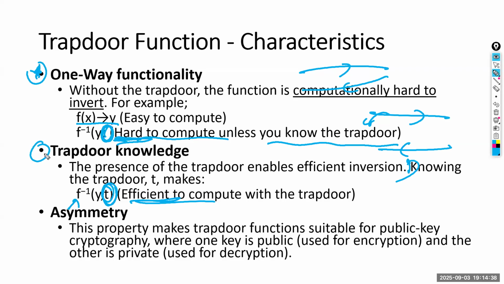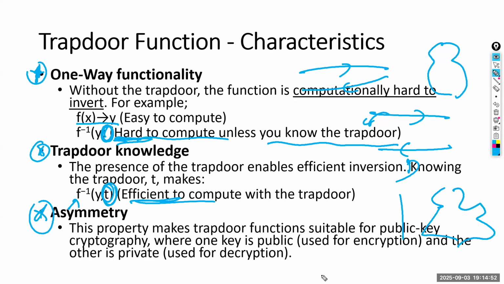That is the second feature. And obviously, this is asymmetric. Symmetric would be, for example, symmetrical, but this is asymmetric. The way we do the encryption is not the way we do the decryption. That is not simply the reverse.